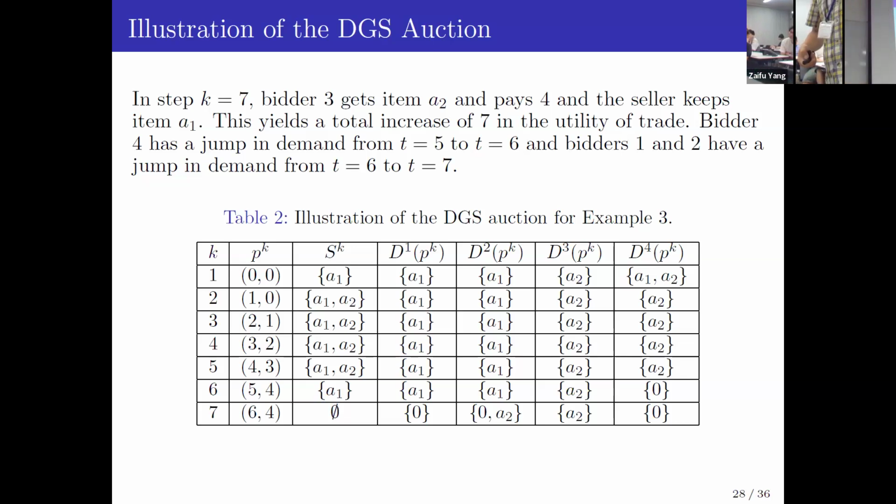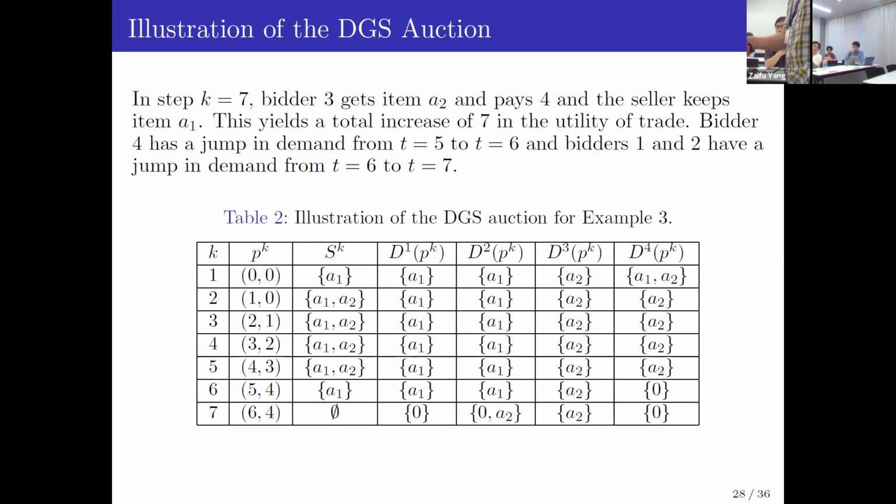I don't mean to criticize the auction, I just want to show why they don't work. So here you can see that bidder 4 actually has a jump in demand from step 5 to step 6.